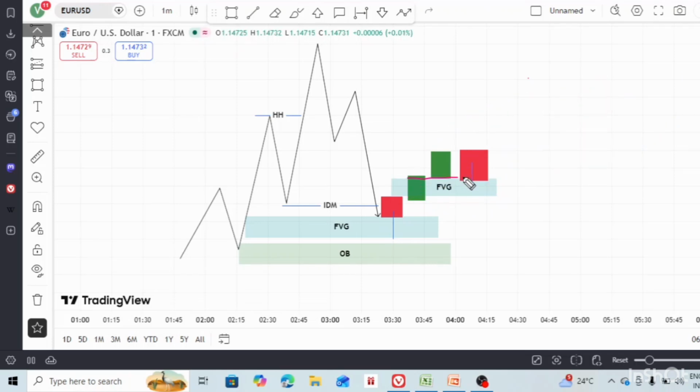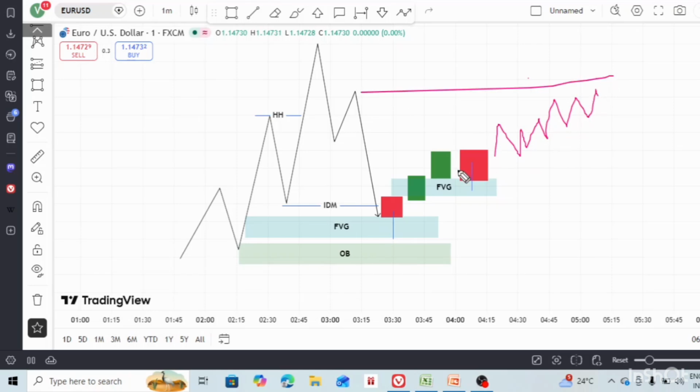Also, after mitigating the gap, if the price did not make any gap, then the market will behave in a consolidation type. It will just be consolidating like this.